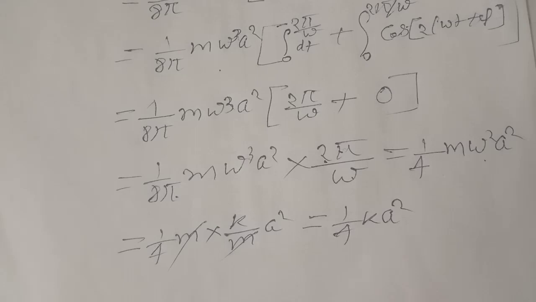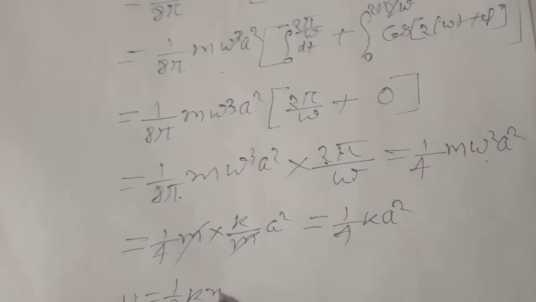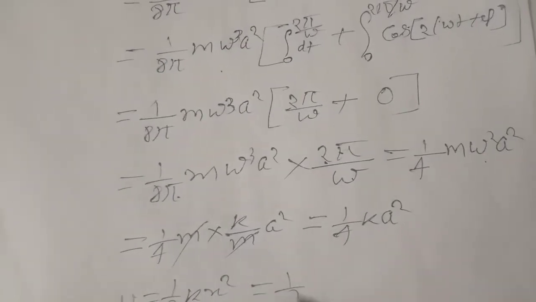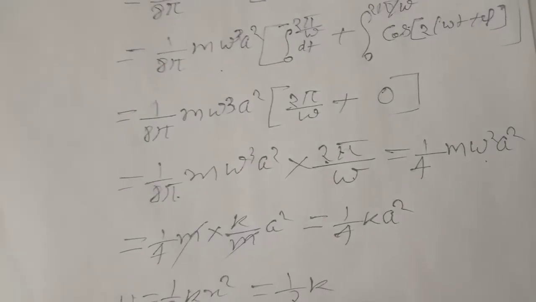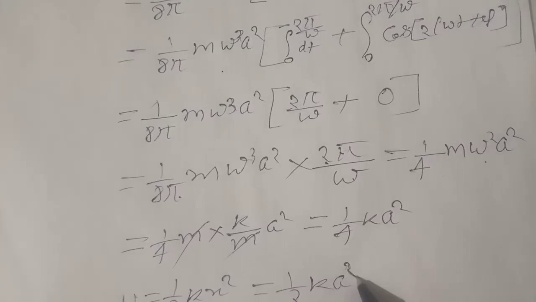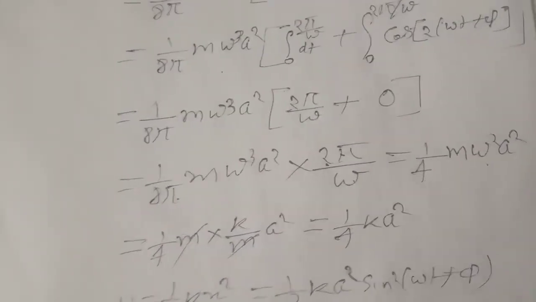Let's first write the formula for potential energy, which is U equals 1 by 2 k x square, and putting the value of x, 1 by 2 k A square sine square (omega t plus phi).